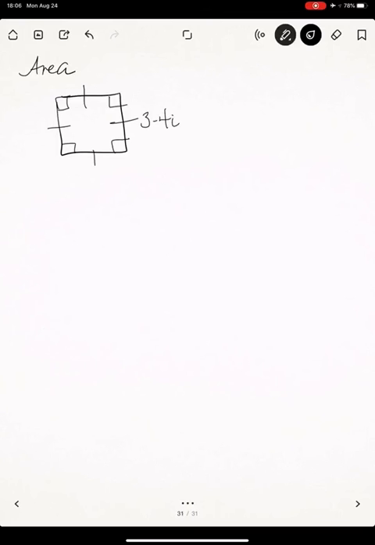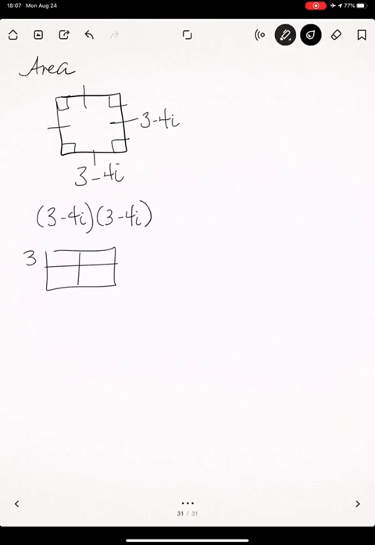If this side is 3 minus 4i, that means that this side is also 3 minus 4i. So all we're going to do here is say 3 minus 4i times 3 minus 4i. And then we're going to do our box again and get 3 and then minus 4i here, and then 3 and then minus 4i here.